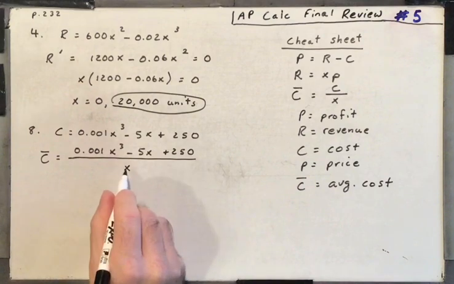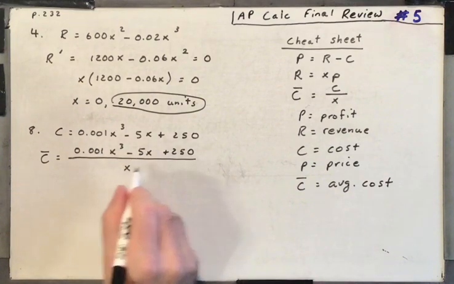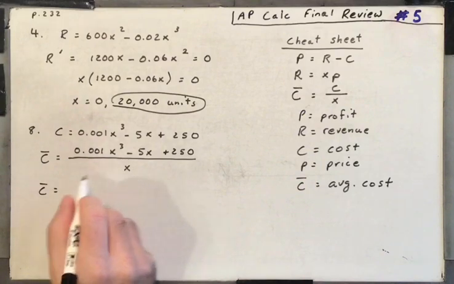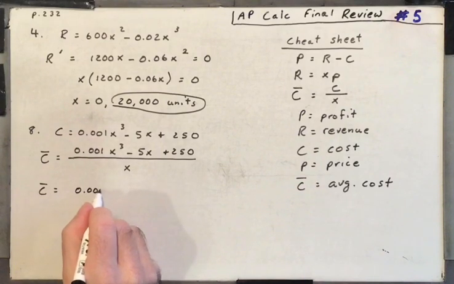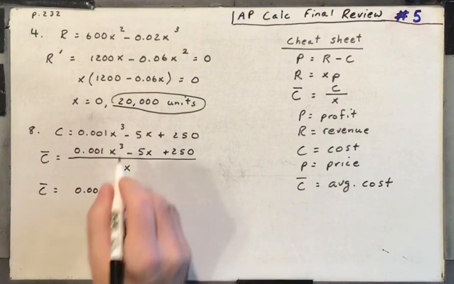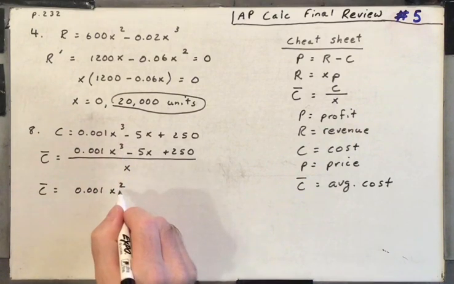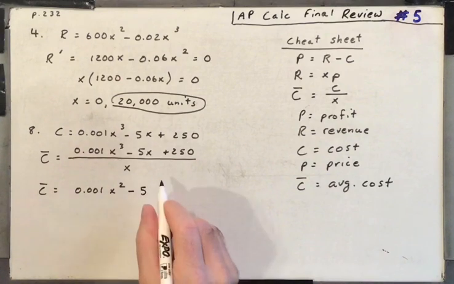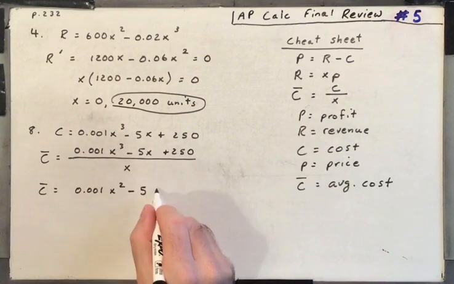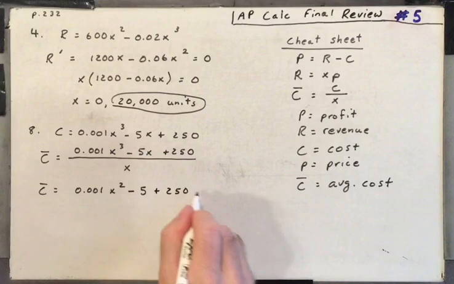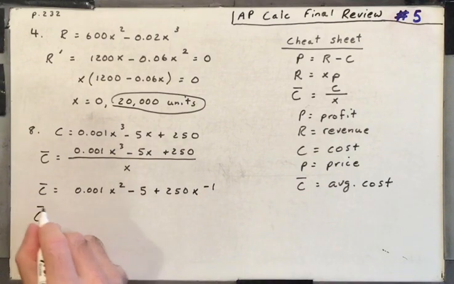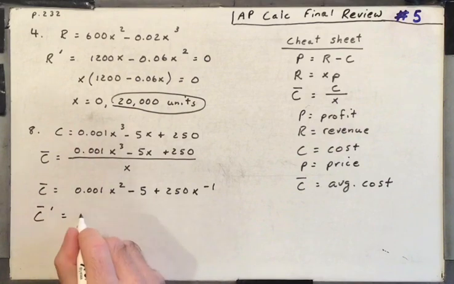So we divide x into each one of these. C bar is going to be 0.001x squared, because x cubed over x would just be x squared, minus 5x over x is just 5. And then 250 over x I'm going to write as 250x to the minus 1, because it's easier to take the derivative.